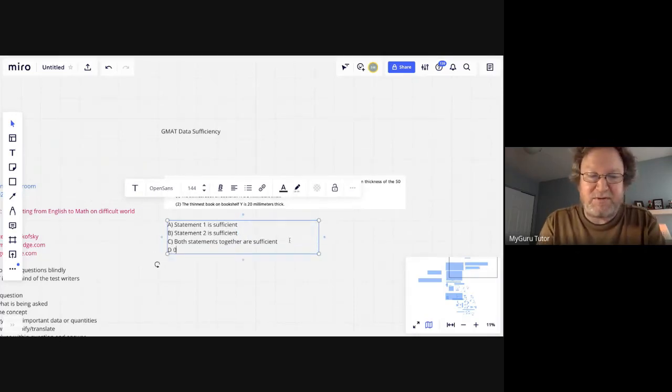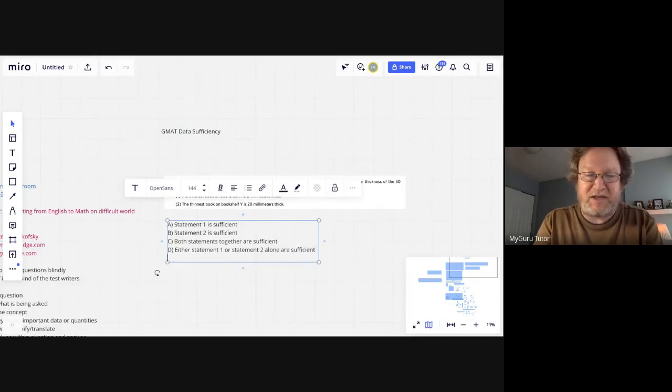D, either statement 1 or statement 2 alone is sufficient. And E, neither statement is sufficient, meaning that you don't have enough information, even if you use them together. All right.